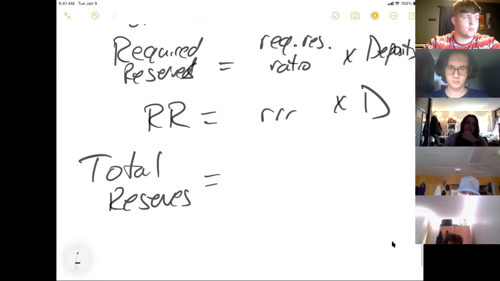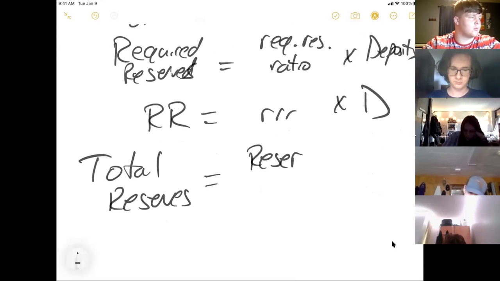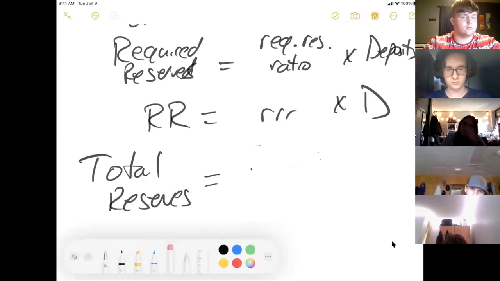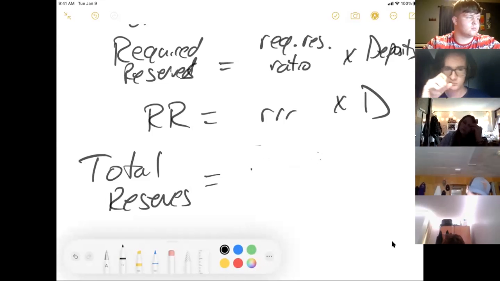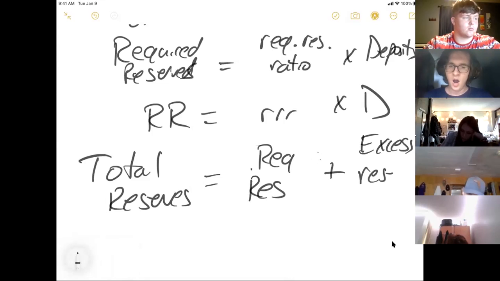It's also important to understand that banks can hold more than required reserves. Banks actually hold total reserves. A bank's total reserves are the amount that they have to hold as required reserves, and then any amount over and above that.